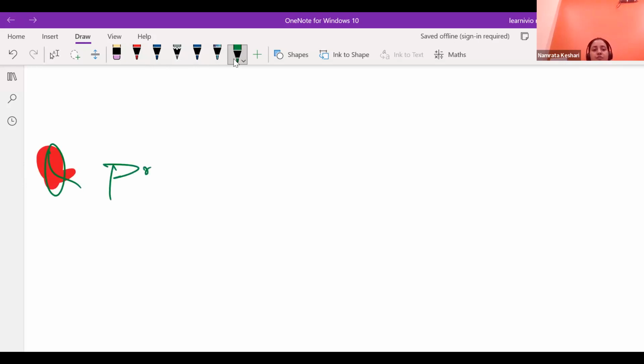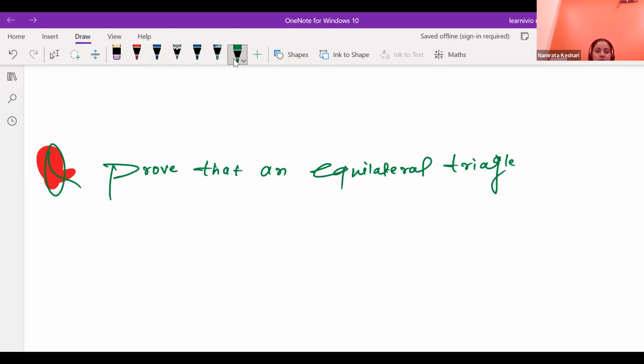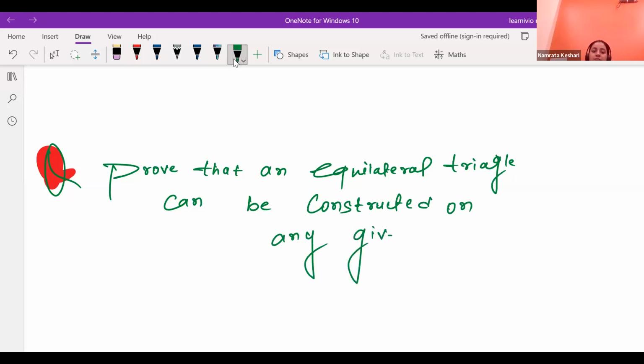Question is: prove that an equilateral triangle can be constructed on any given line segment.